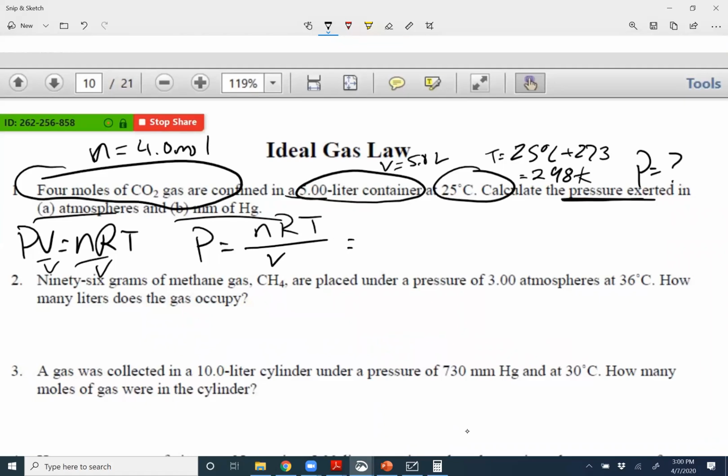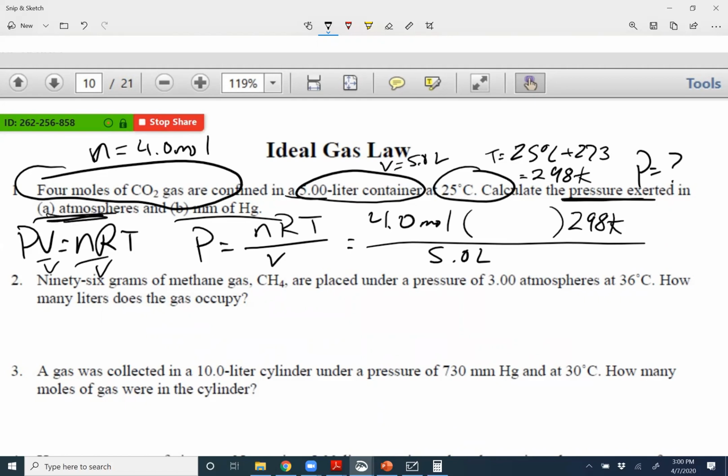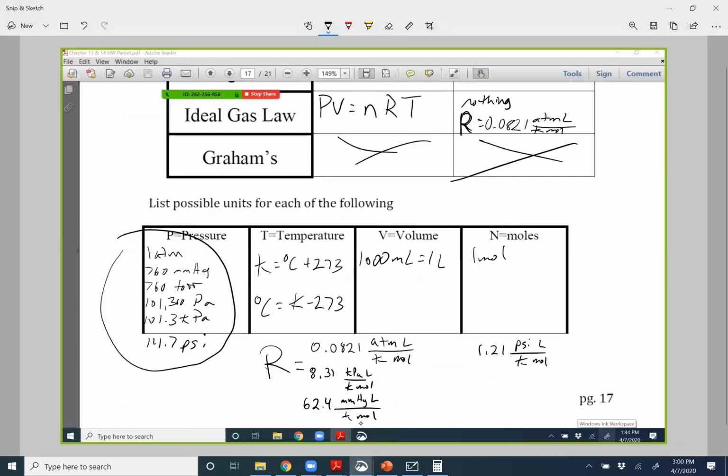n is 4 moles. We're going to get back to R in a second, so let's put R there. T is 298 Kelvin. And then volume is 5 liters. So then R, what should we put in here for R? Well, this pressure is being asked to be solved in atmospheres. So when you look at your cheat sheet, find the atmospheres R. This one here has atmospheres in it.